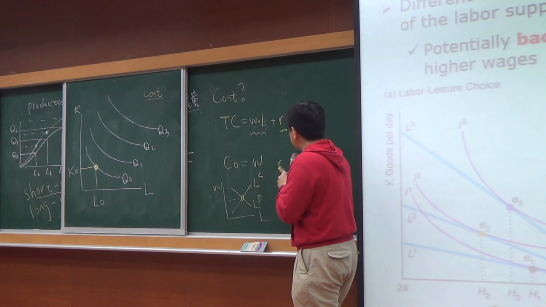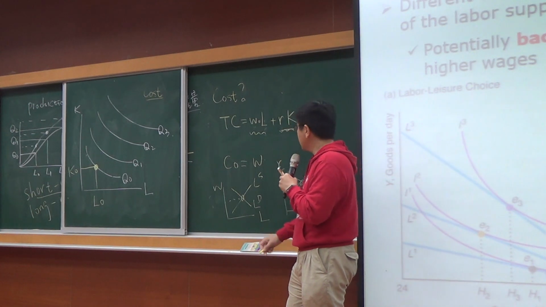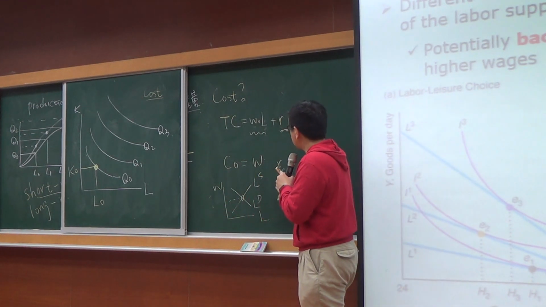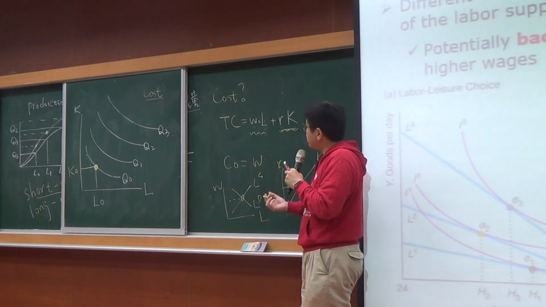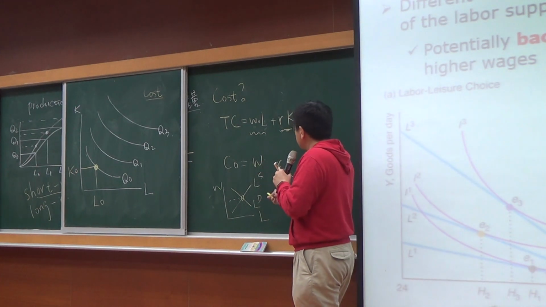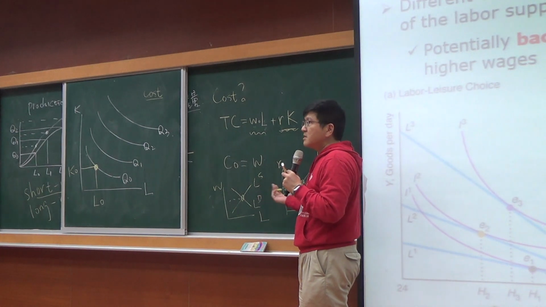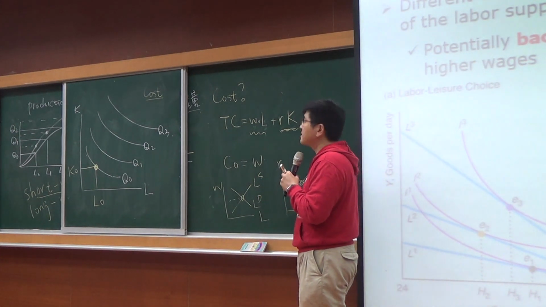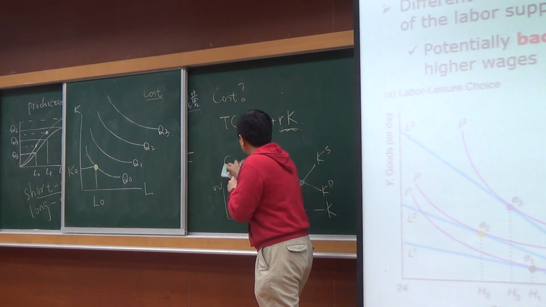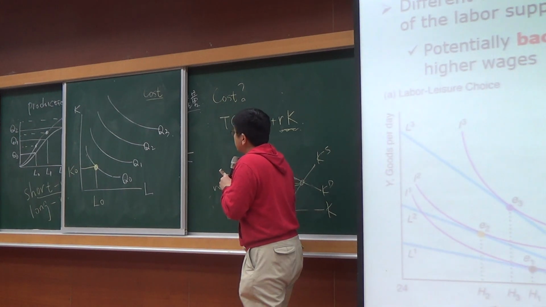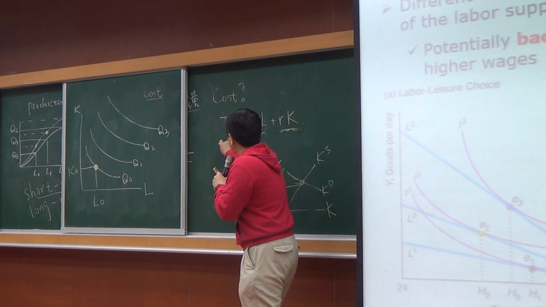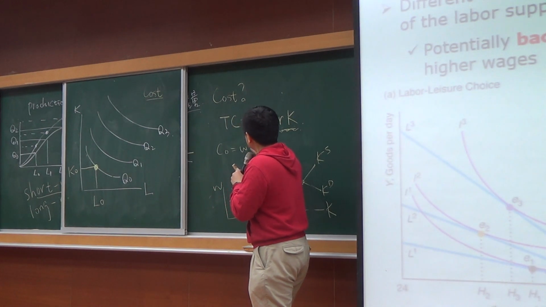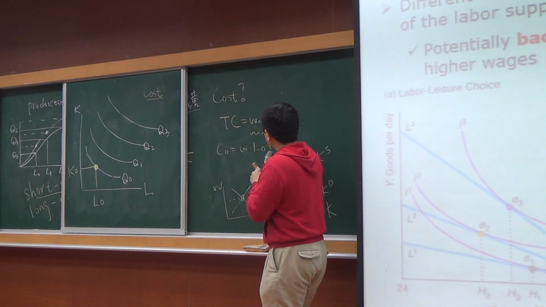And there is another market price for R, right? So we have W star, R star, actually the equilibrium prices for these two factor markets. So, given this combination, C0 would be W L0 plus R K0.